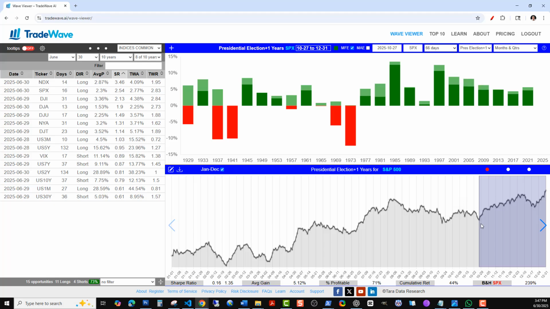So there's a really strong seasonal wind for a bullish jump on S&P 500 after it bottoms on October 27th. So strong period coming up, weak period after that, and then very strong period starting end of October.